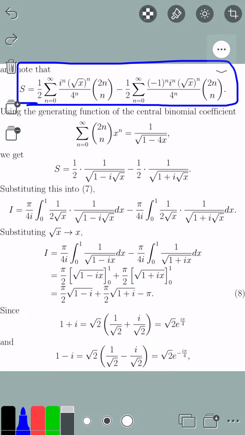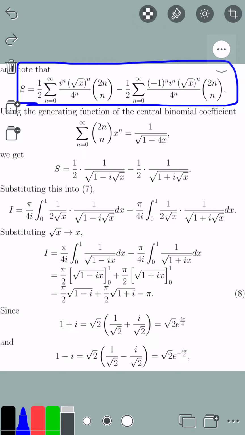And when we do minus like this, for the terms with even indices, the even indices are positive, so positive minus positive cancel out.